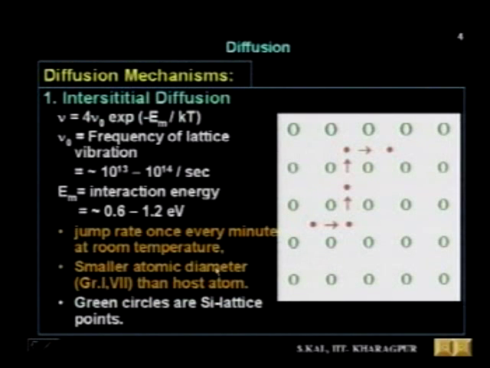So, smaller atomic diameters are from group 1 and group 8. This should be group 8, not group 7, wrongly printed. So, group 1 and group 8 materials, and the diameters of those atoms are smaller than the silicon host atom diameter. So, that is why they can move from one interstitial site to another interstitial site.